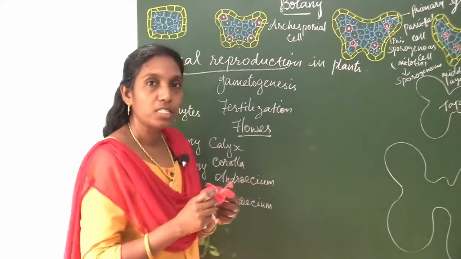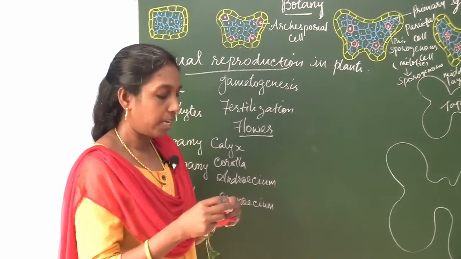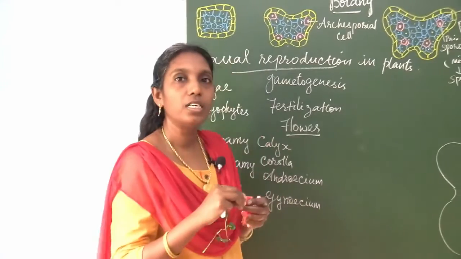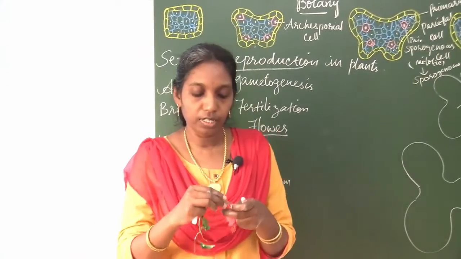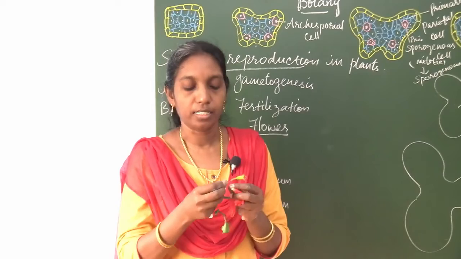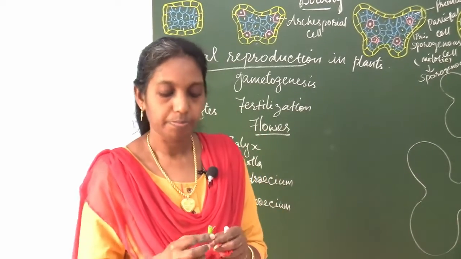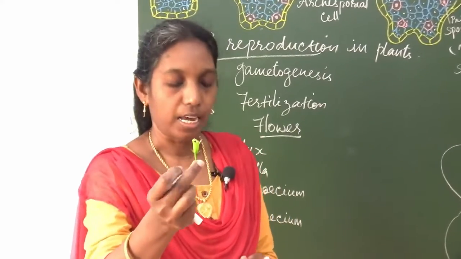And there are different whorls of the flower. As you learned earlier, there are four different whorls. The first whorl, or the outermost whorl of the flower, is called calyx.